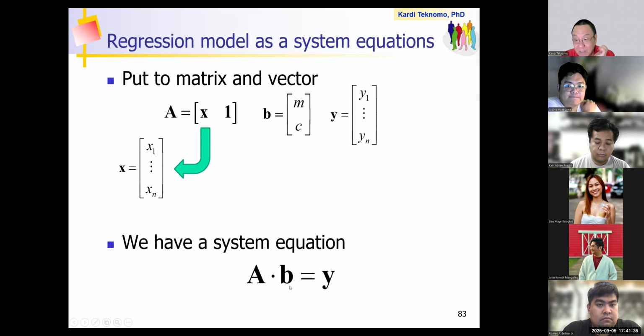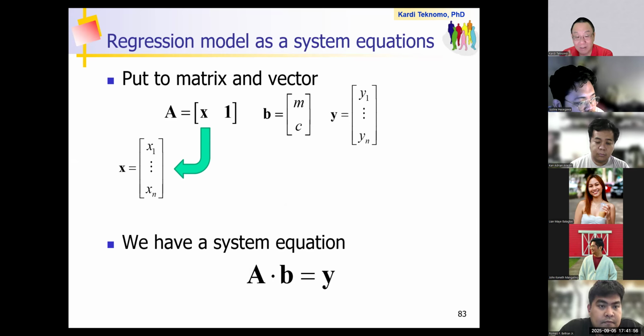We can solve this using linear or nonlinear, exactly the same equation. I will show you in a moment.